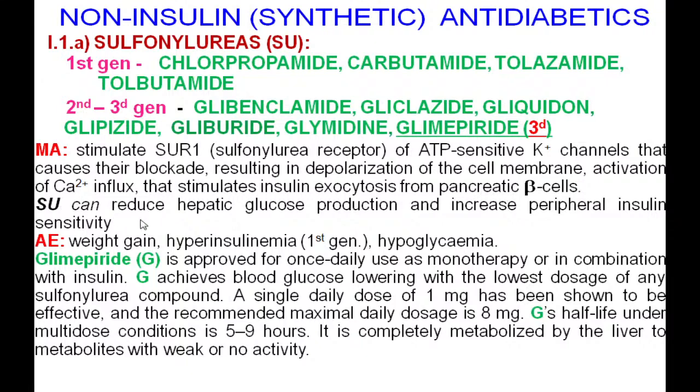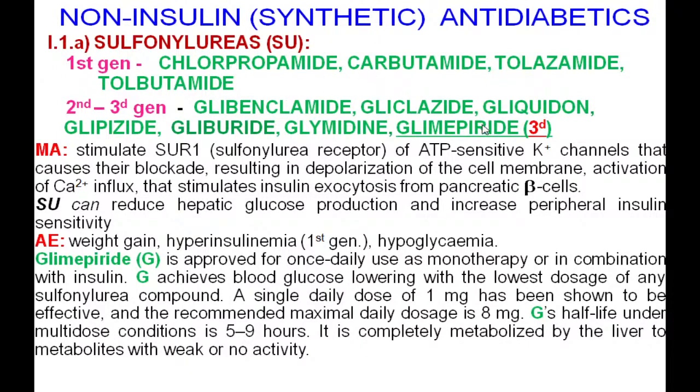Sulfonylurea derivatives can reduce hepatic glucose production and increase peripheral insulin sensitivity. Preparations of first generation cause long-lasting insulinemia. That is why nowadays we don't use them.